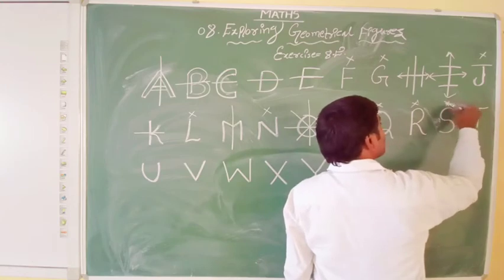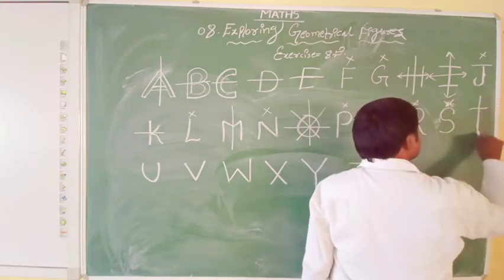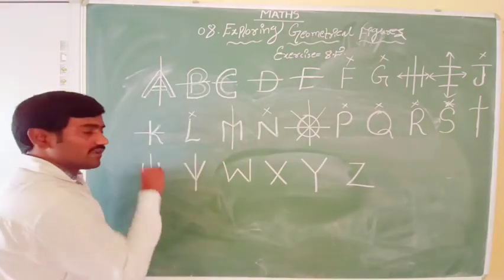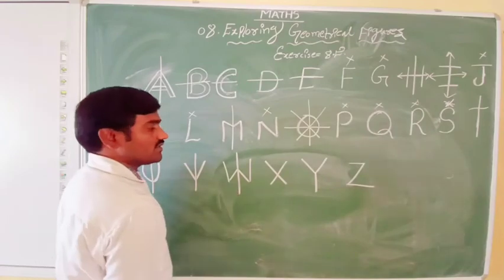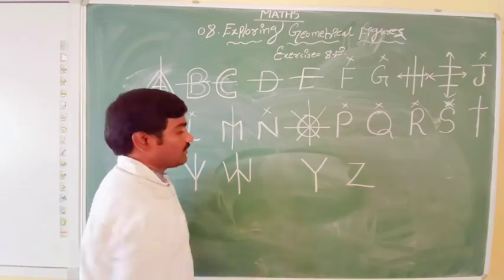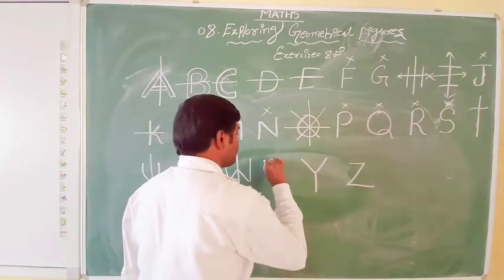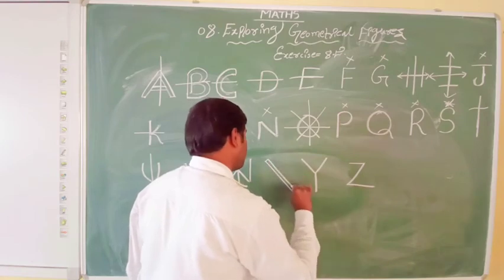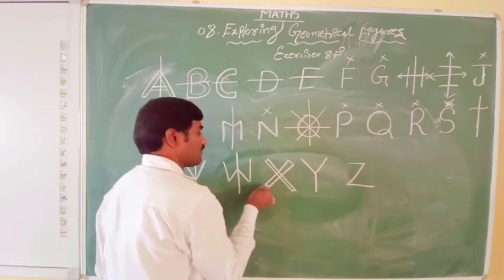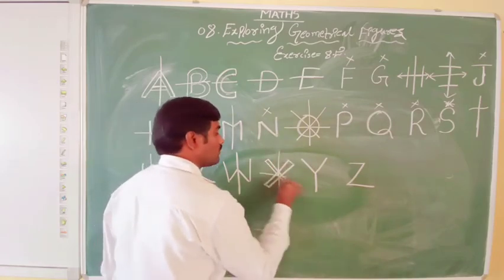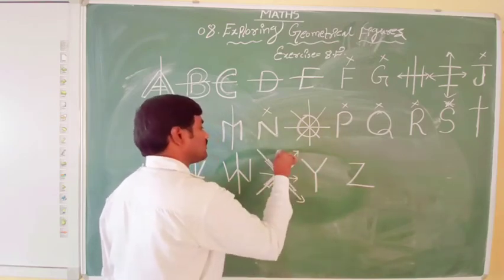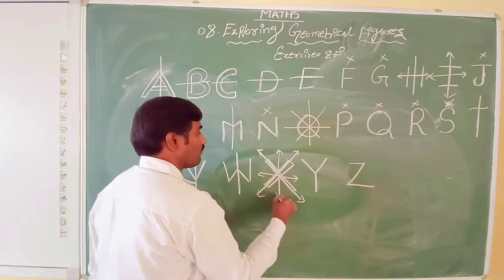Here S also has no axis of symmetry, remember, and T has one axis of symmetry. U has one axis of symmetry. V has one axis of symmetry. W has one axis of symmetry. When you draw the X like this, see, 1, 2, 3, 4, X has 4 axes of symmetry.